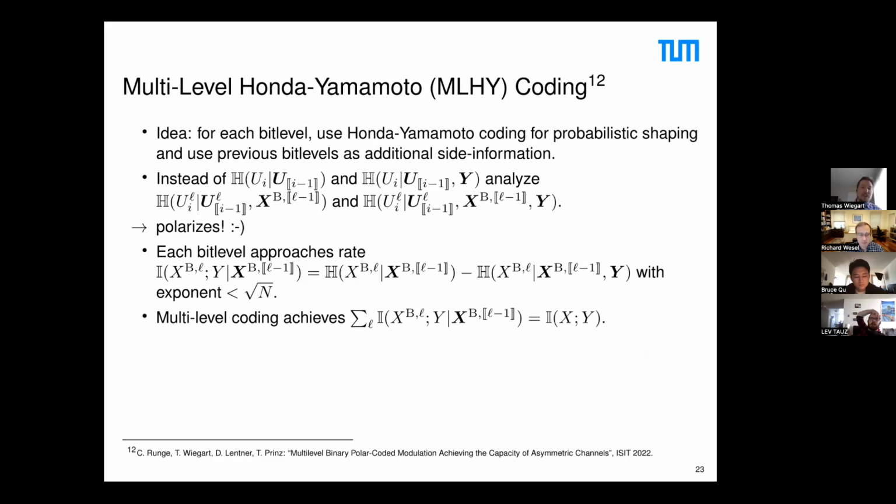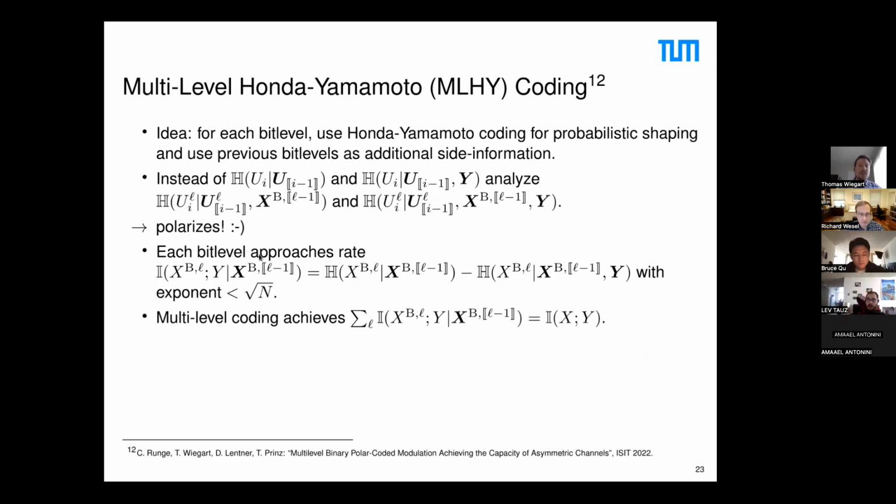And so what Consti was actually able to show is that each bit level can approach the rate mutual information of the x of this bit level to y given the previous bit levels. So that's the entropy of x given previous bit levels minus the entropy of x given previous bit levels and y.